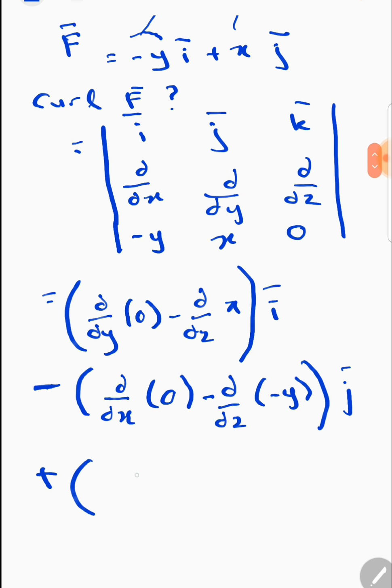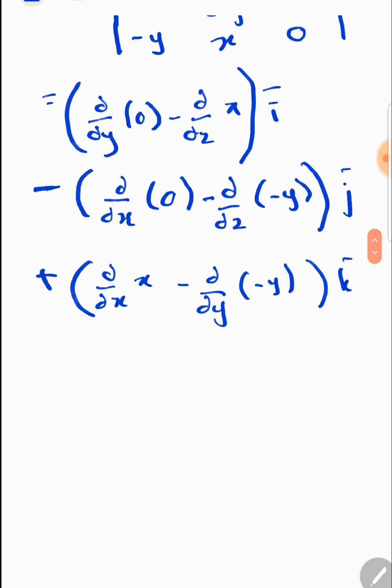Okay, and then for the k part, basically I'll cover this. That leaves us with these 4 bits here. So I'll have d over dx of x minus d over dy of negative y. Alright, so once we have performed this, then we can just differentiate it accordingly.